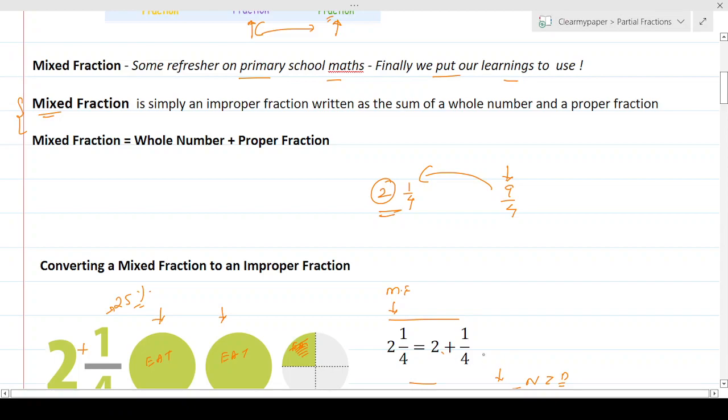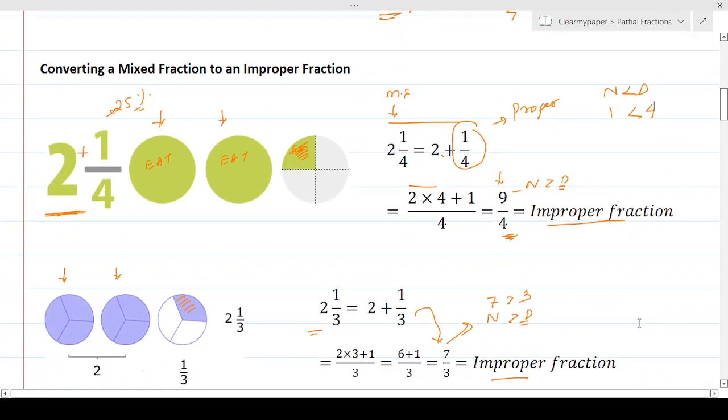This piece is not an improper fraction, it is just a proper fraction because the numerator is less than the denominator. In this case we cannot talk about degree because we are still talking about the number system, but the number in the numerator is 1, the number in the denominator is 4, and 1 is less than 4. Similarly, just this portion: the numerator is 1, the denominator is 3, and 1 is less than 3.